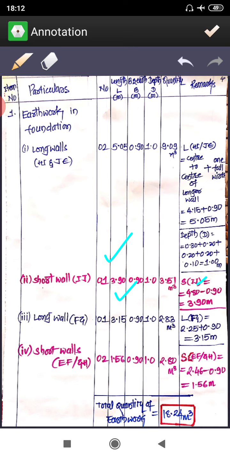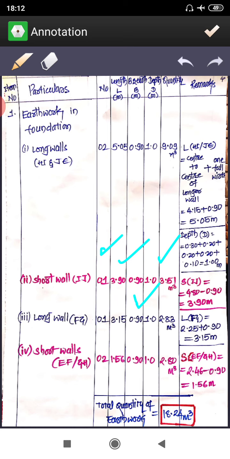It means that one full width you have to deduct, right? As in a longer wall you are adding, here you are supposed to deduct. So I'll be deducting one full width, that is 4.80 minus 0.90. I'll be getting 3.90, right? So here one number of IJ, 3.90 is the length, 0.90 is the width, and 1 meter is the depth. So the quantity is 3.51 meter cube.